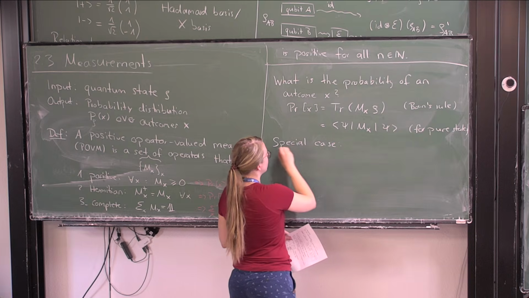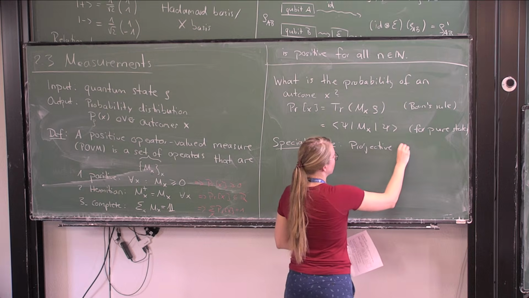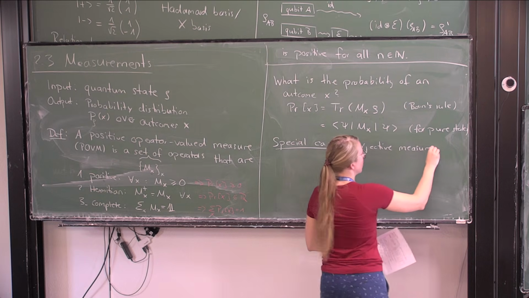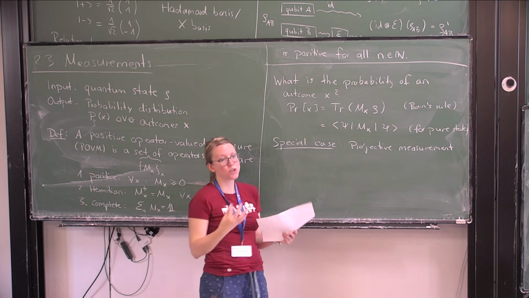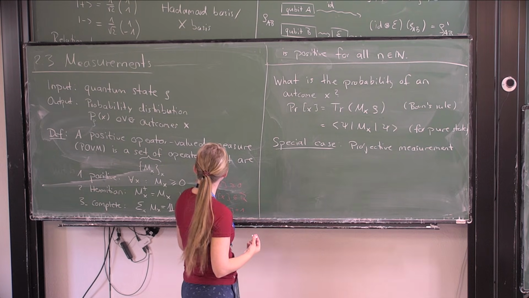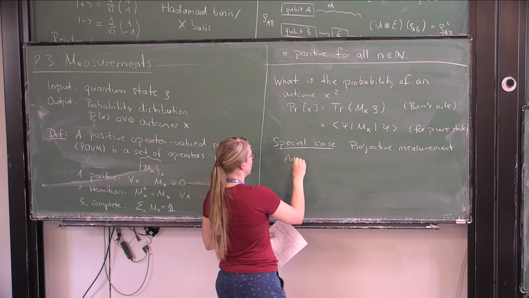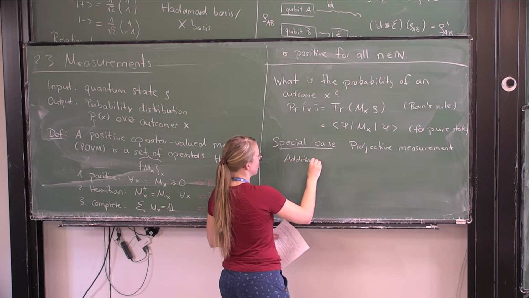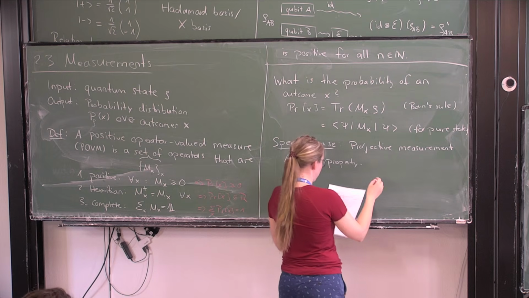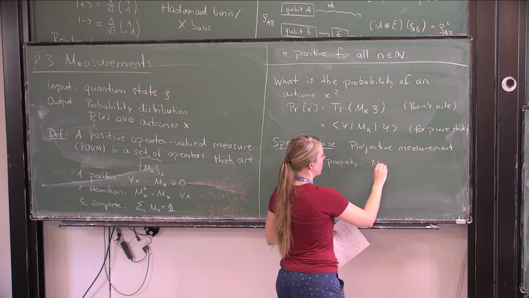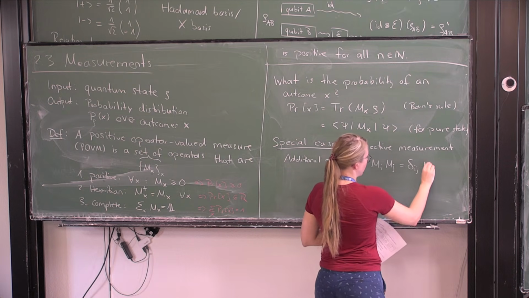The special case is the projective measurement, which simply has the additional property that the elements of this set are projectors, with M_i M_j equal to delta ij times M_i.